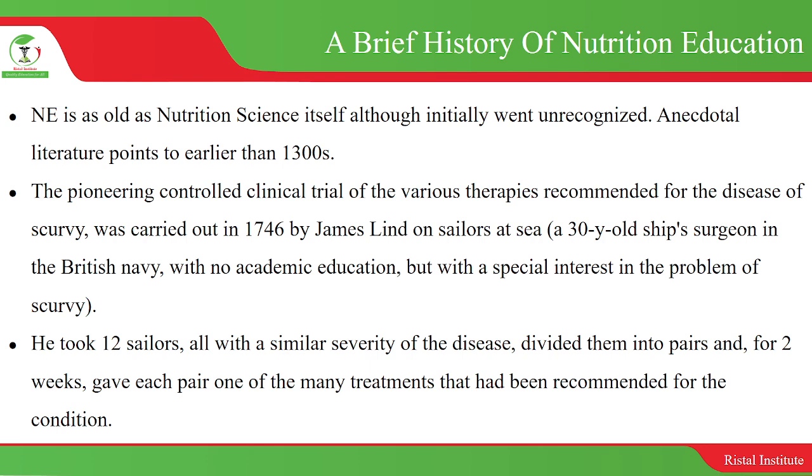He had no academic education, but he had a very special interest in the problem of scurvy. He went ahead and took 12 sailors, all with a similar severity of the disease, and divided these sailors into two pairs. For 2 weeks, he gave each pair one of the many treatments that were recommended for the treatment of scurvy.